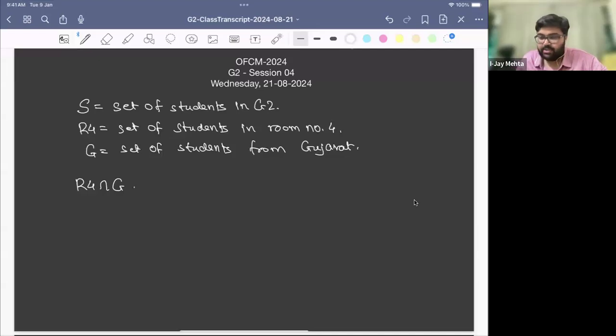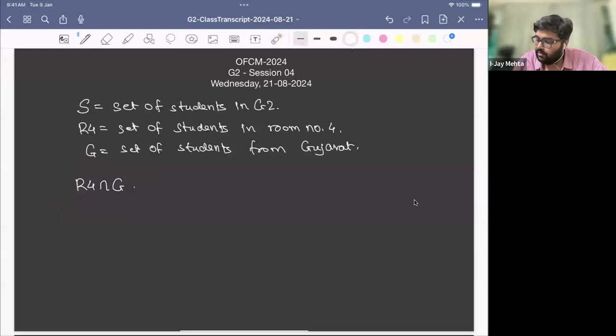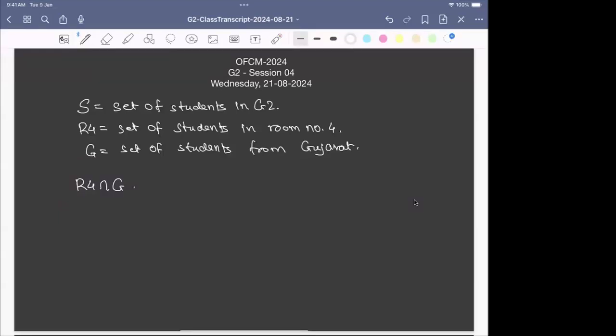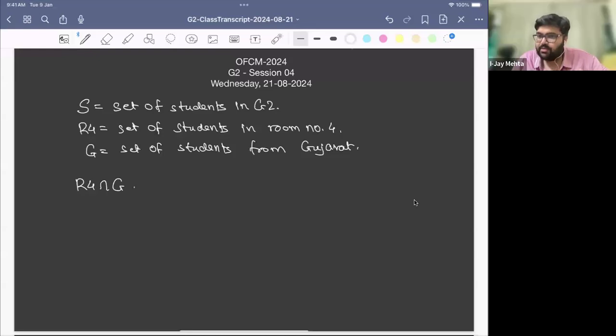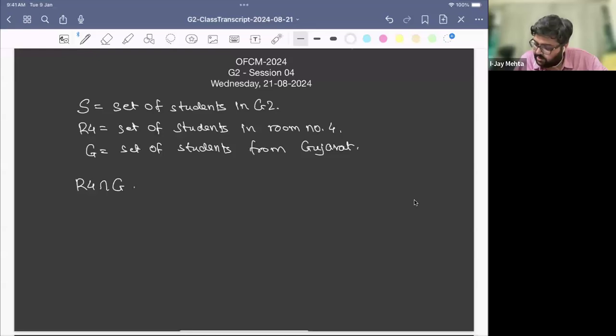Ramesh, room number 4, Ramesh. Yes, sir. Can you describe what is this set? Can you tell ये set क्या है? What is this set? स्टूडेंट जो R4 में मतलब रूम 4 में भी है और वो गुजरात से भी है. Now can you say that in English? क्योंकि और दो में आता है, हिंदी में भी और आता है and then English also has or. So can you say? And So student, if I say S belongs to R4, what you can say?